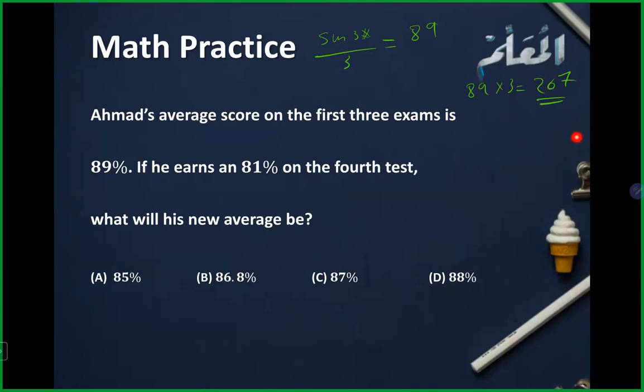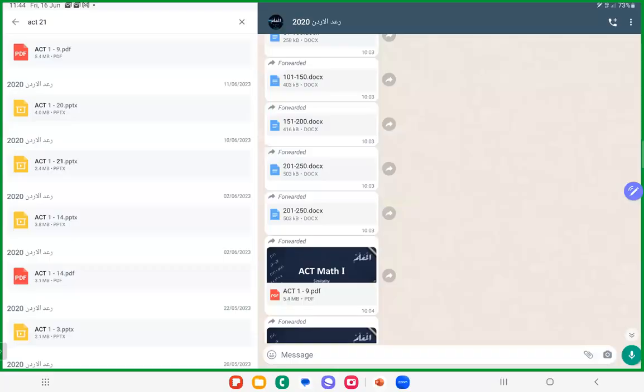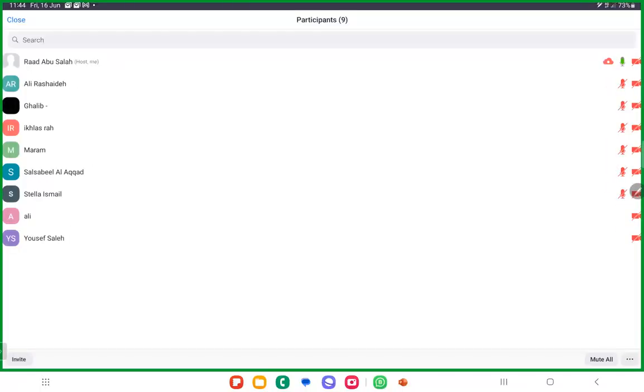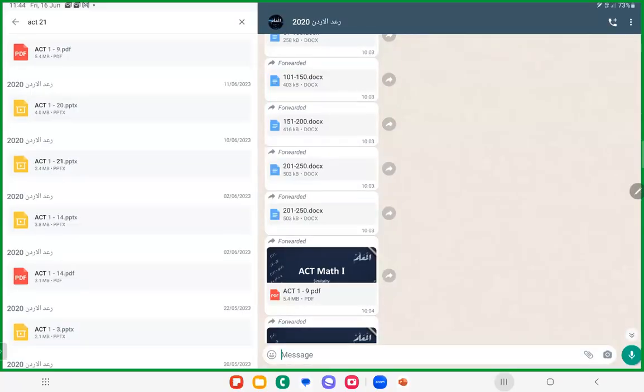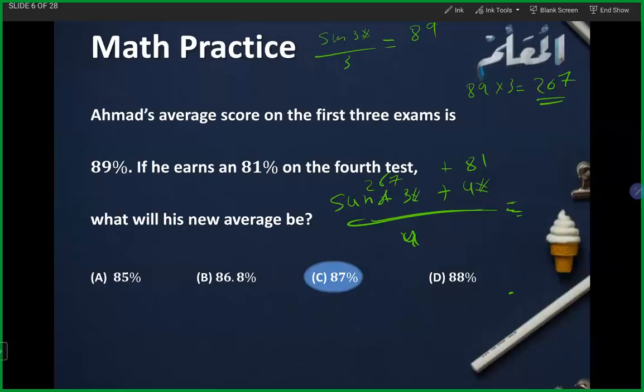That's the sum of 3 exams. طيب أستاذ السم of 3 exams زائد الامتحان الرابع over 4 should be equal to the average. So if he earns an 81 on the fourth, in this case 267 plus 81 all over 4, what will be the new average now? 87. That's going to be 87%. Okay, fine. Next.